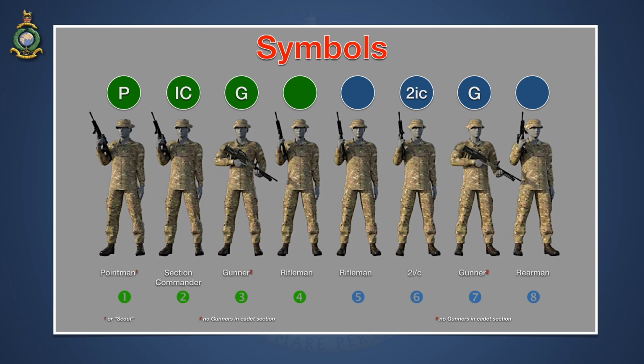G for the gunners, and the circles without a letter are the riflemen. And on the diagrams I do here, I'll also try to use the numbers with the symbols to make it clear which section member they represent.